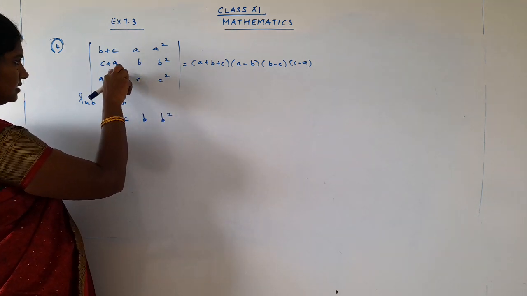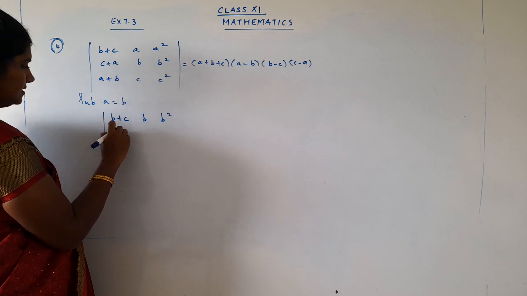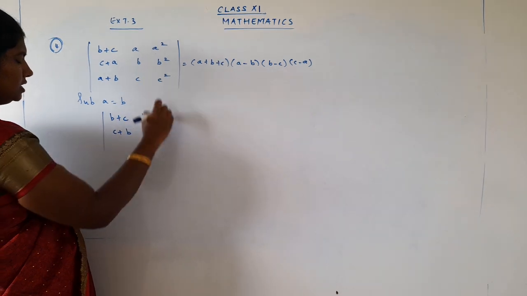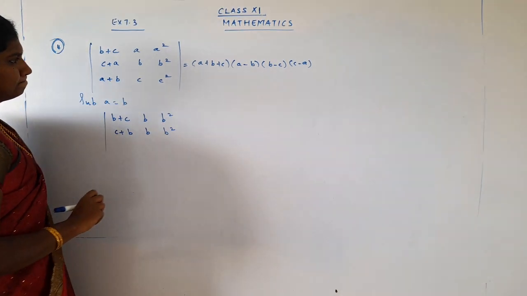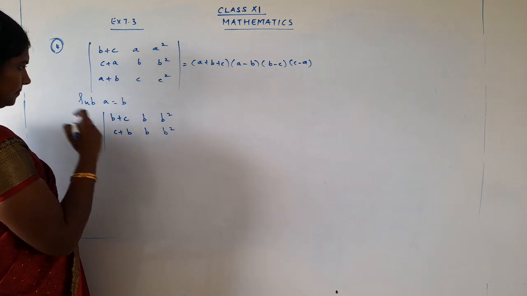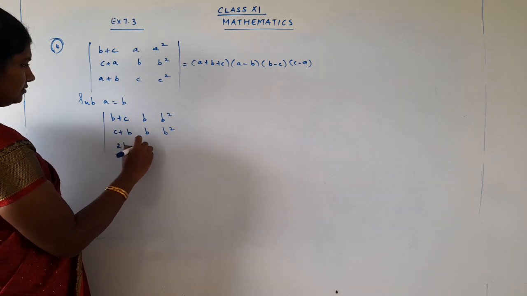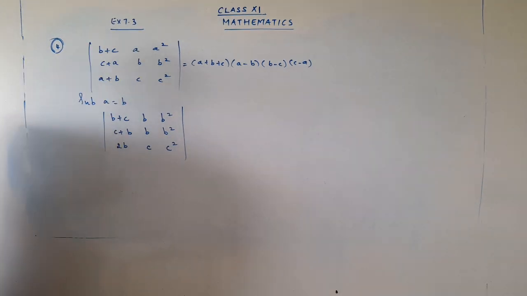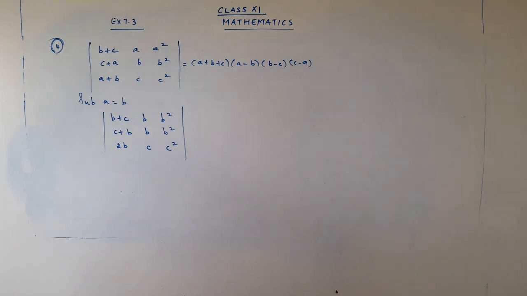This is c plus b, this is b, this is b square. This is 2b, c square. You see here carefully. I get b plus c, b square, c plus b, b square, 2b, c square.